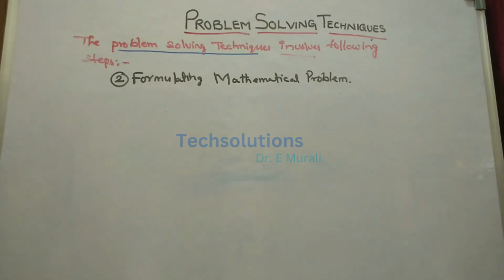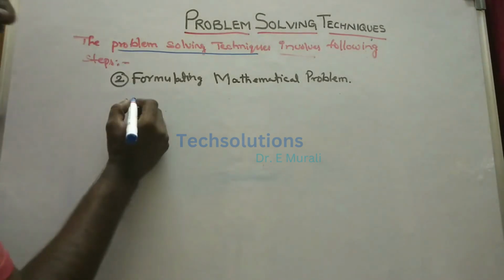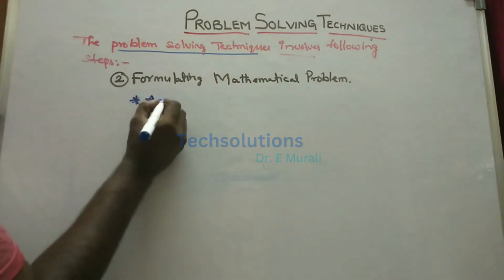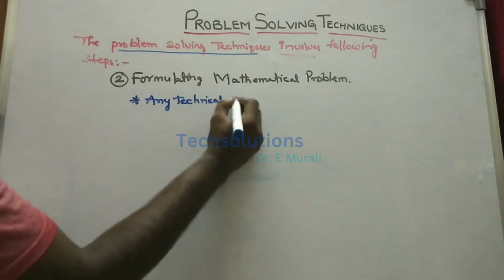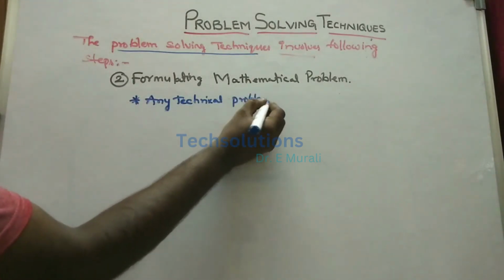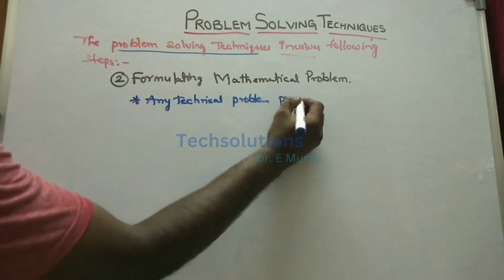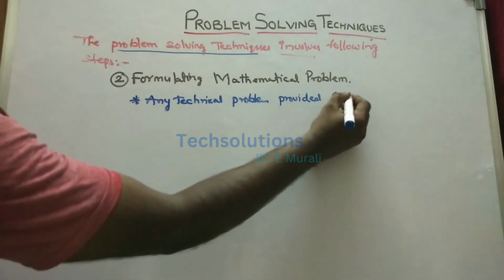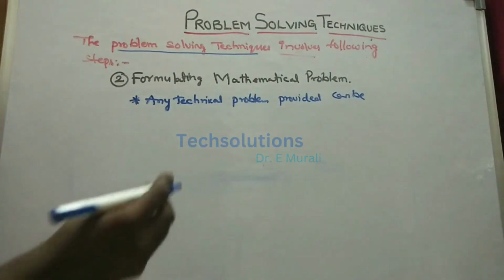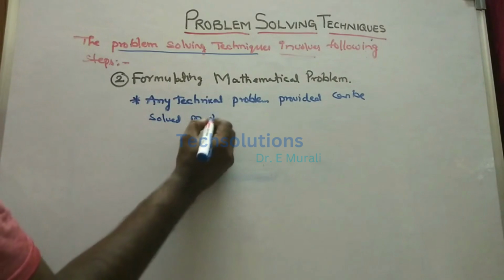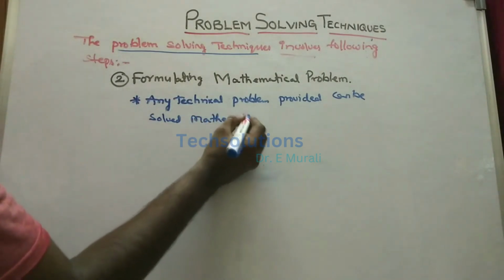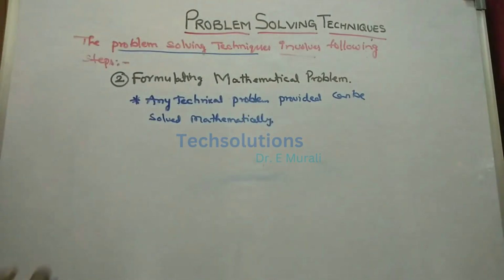That means here we can take any technical problem. Any technical problem provided can be solved. How can we solve it? By using mathematics only, right? Any technical problem can be solved mathematically.